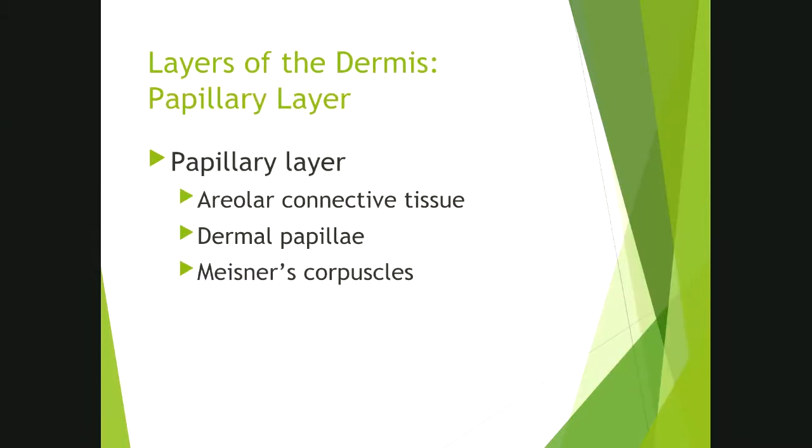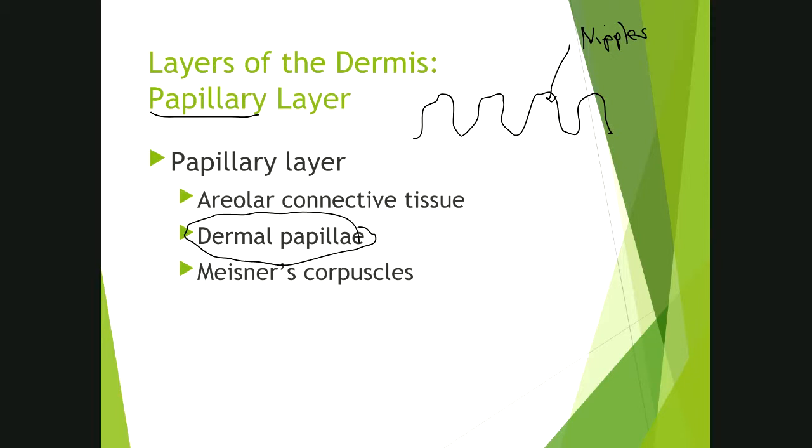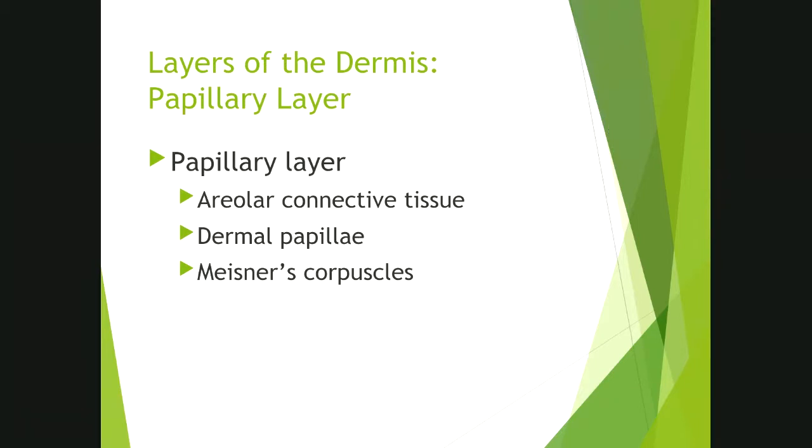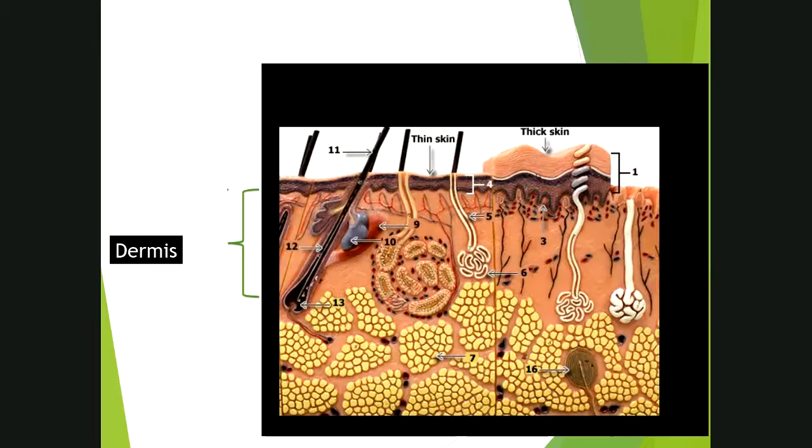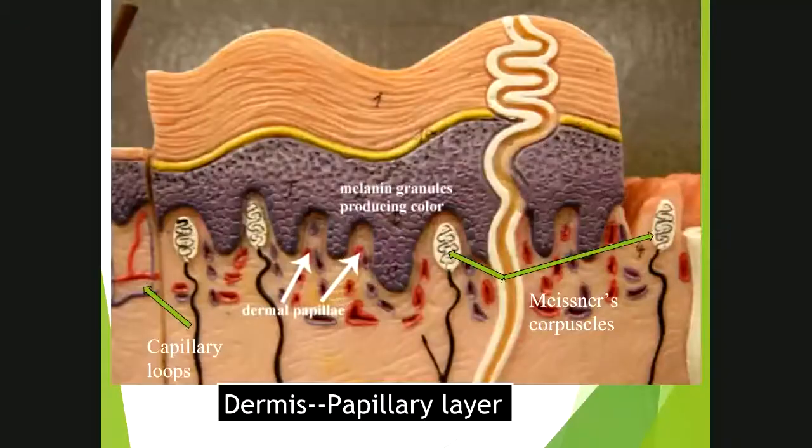So the top layer is called papillary, and the reason why is because the tops are ruffled like this. And somebody thought these things looked like nipples. And so the word for nipple is papilla. So where we have these papillae, we have this papillary layer. The tissue here is areolar connective tissue. And so hopefully you remember areolar. It looks like this.